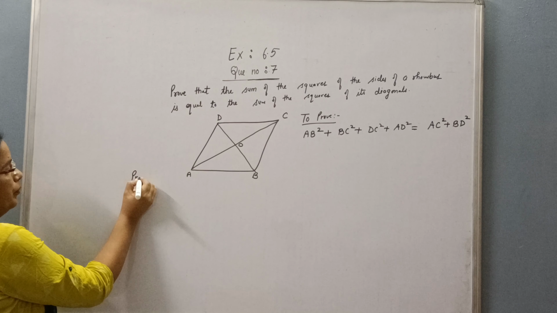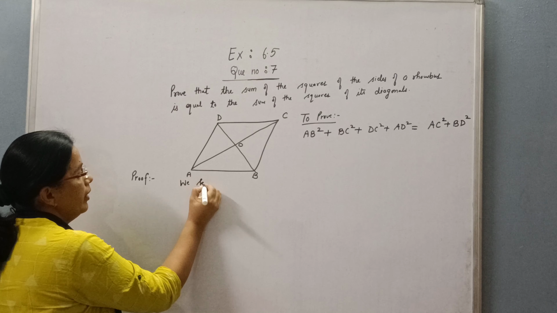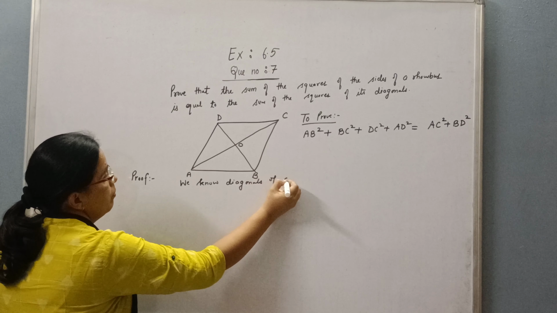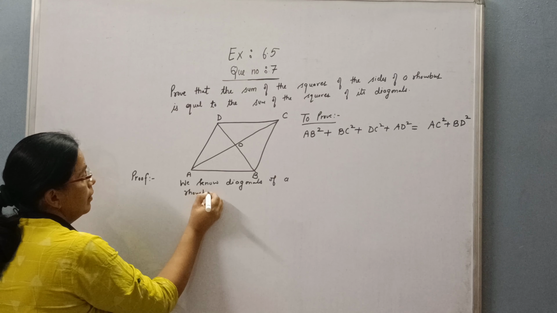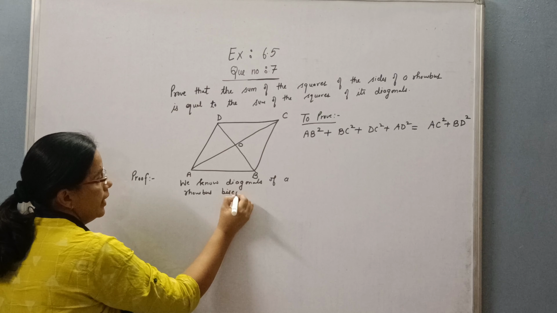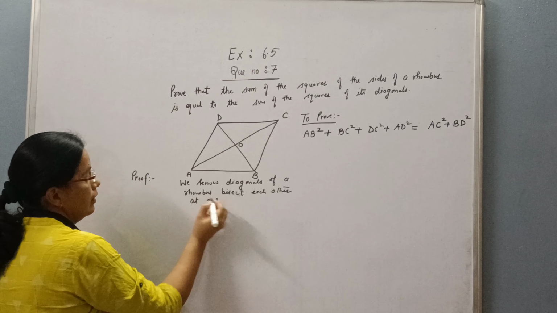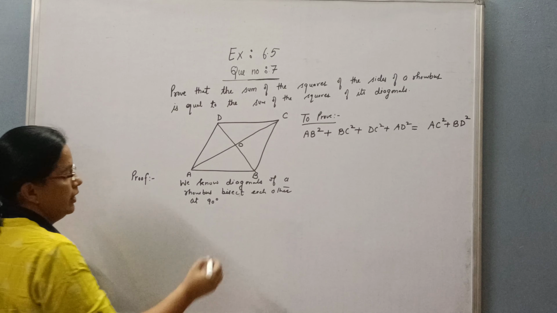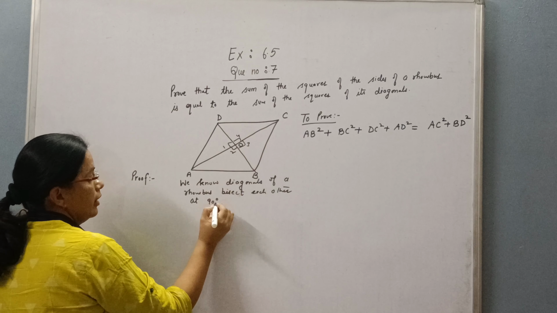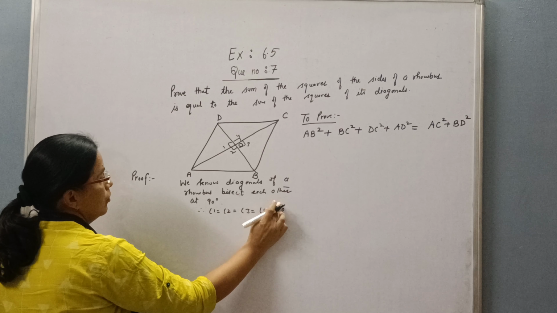So start with the proof. First of all, we know diagonals of a rhombus bisect each other at 90 degrees. Therefore, angles 1, 2, 3, 4 are of 90 degrees.